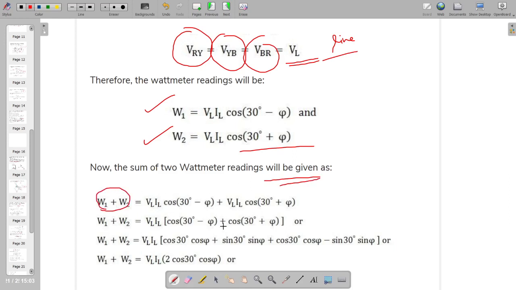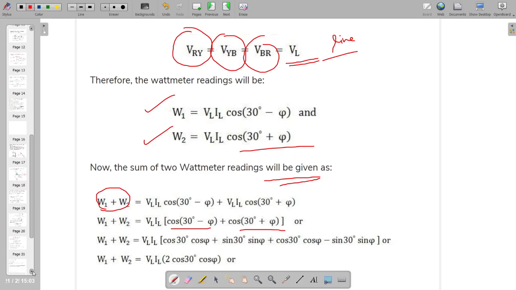I am simplifying these two equations with the help of the formulas for cos(A minus B) plus cos(A plus B).